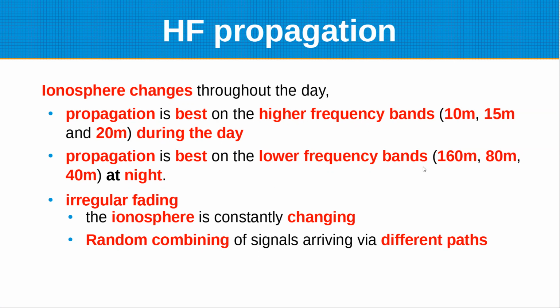Okay, so it's best at the 160, 80, and 40 at night. Whereas 40 during the daytime, depending on how much absorption in the D layer, you may not get too much. It's also very noisy. The lower bands tend to be very noisy, especially if you're around power lines and things. They tend to pick up some of that noise.